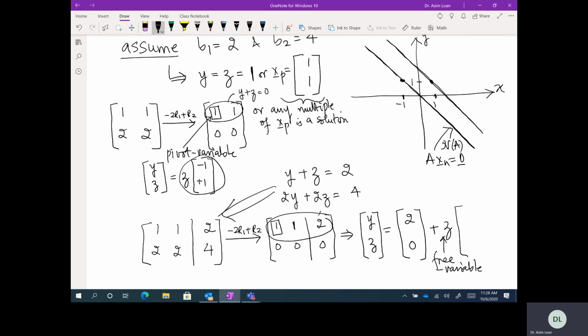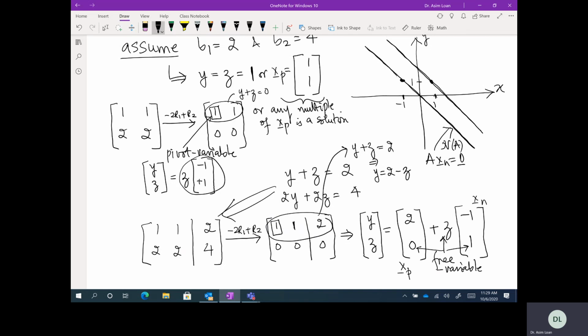This equation is y plus z equals 2, or this implies y is equal to 2 minus z. And z is equal to z. So free variable is 1 here, free variable is 0 here. So this is xp actually, and this is xn.